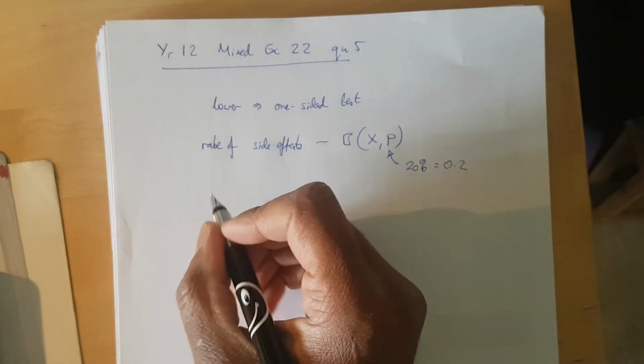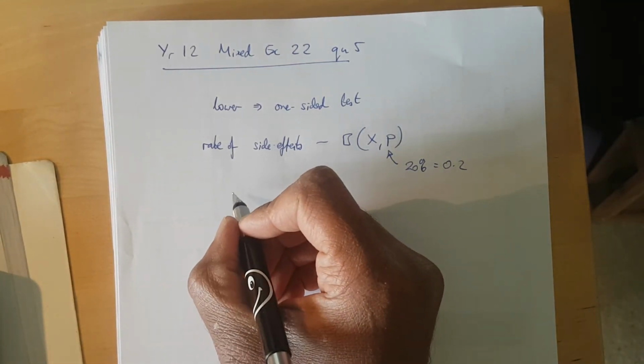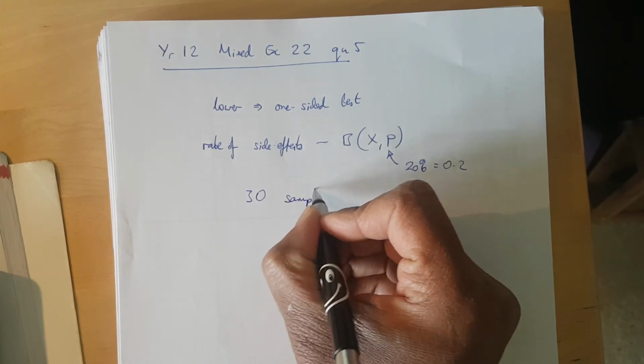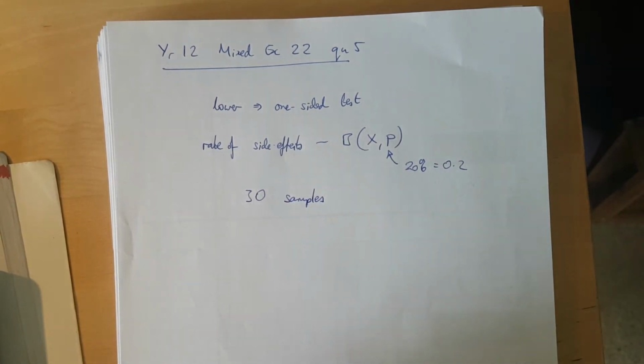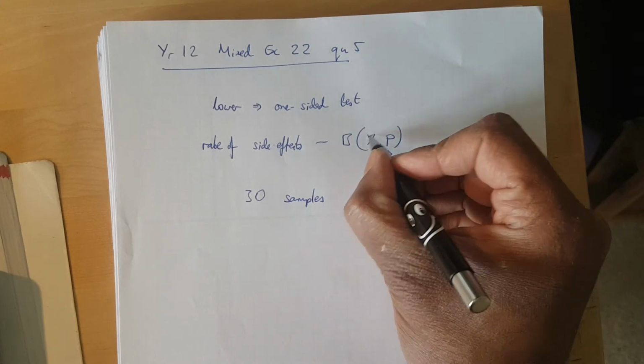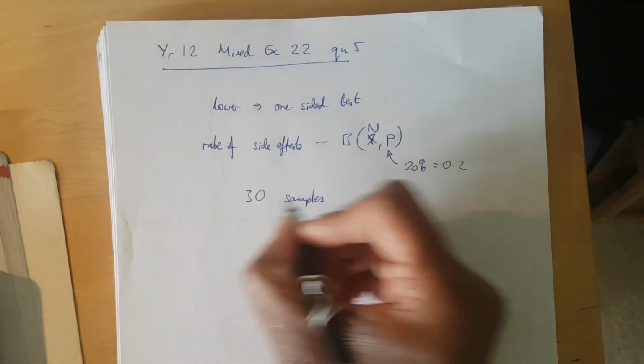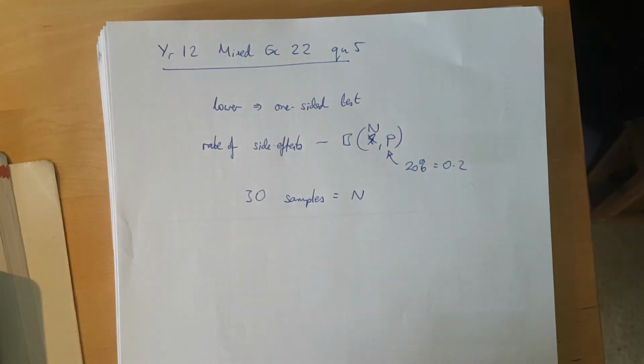And we're told that I have a test of 30 samples. Indeed, why am I putting an X there? I'm so sorry, that should be an N. Of 30 samples, so that's going to be my N value. And I'm going to get some number out of there.